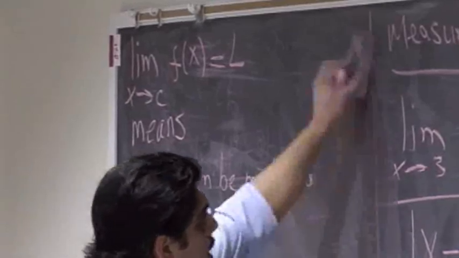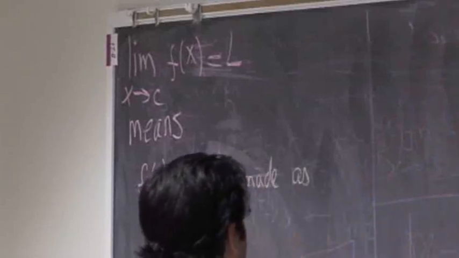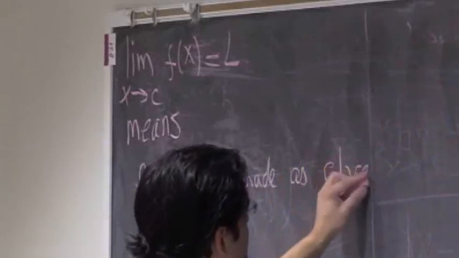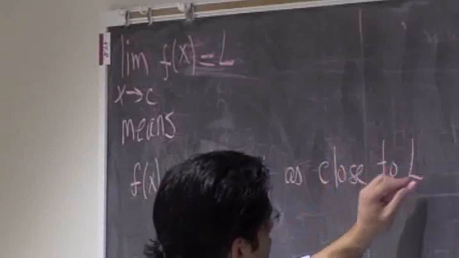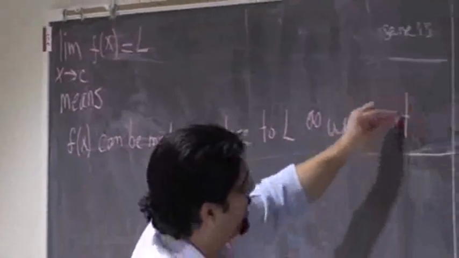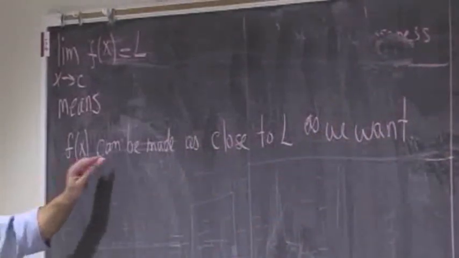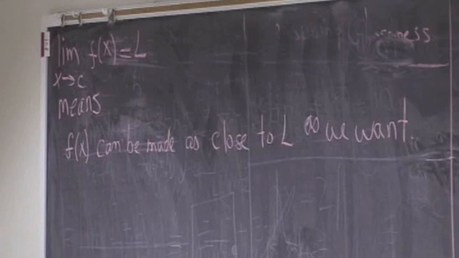In other words, it can be made as close as we want to L. F of x can be made as close to L as we want. All we have to do is do what?